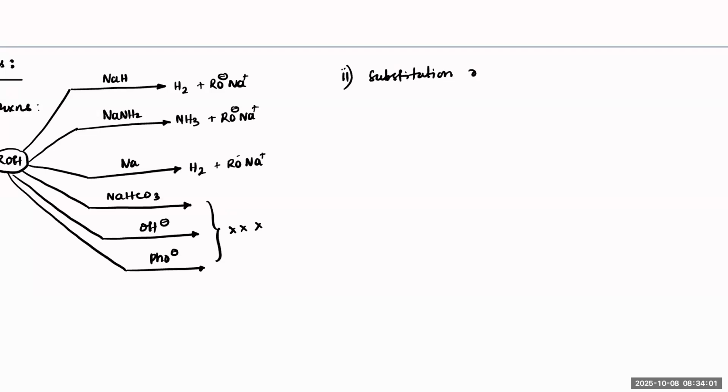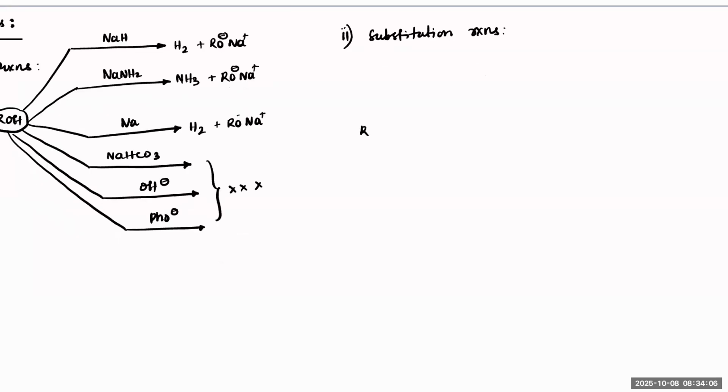Substitution reactions that you need to check. That includes alcohols reacting with various compounds. This is all something which you have learned already. SOCl2, it is SNi mechanism to get RCl plus SO2 plus HCl. The important point is both of them are gases, so this is the best reaction to get alkyl halides.